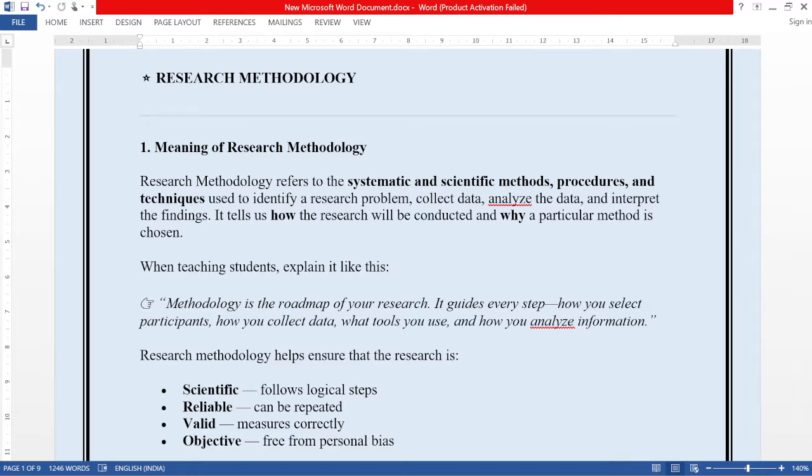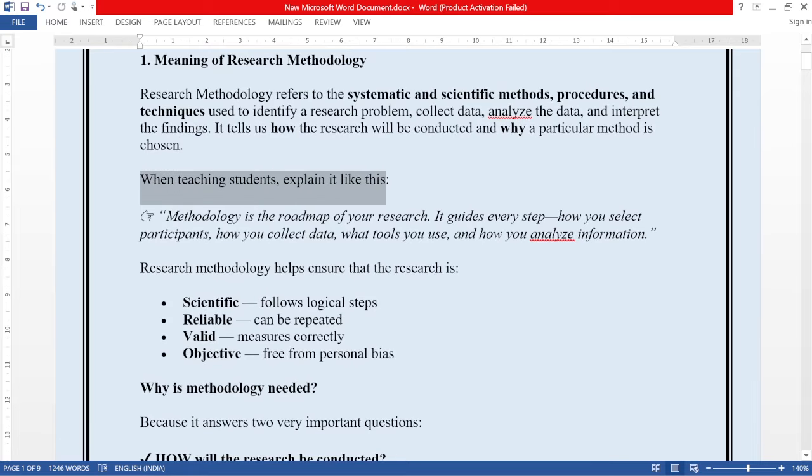Okay, so basically research methodology is a technique in which we define the research problem, we collect the data for our project work and analyze it. Okay, now let's understand it here.